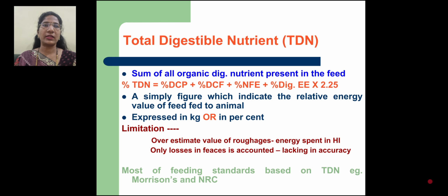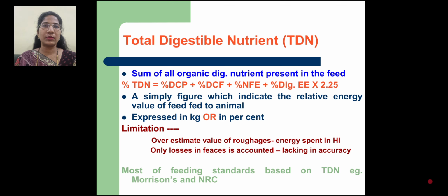Then the next part is total digestible nutrients, that means TDN. TDN means the sum of all organic digestible nutrients present in the feed. TDN is calculated with the help of a formula: percent TDN is equal to percent digestible crude protein plus percent digestible crude fiber plus percent digestible nitrogen free extract plus digestible ether extract.